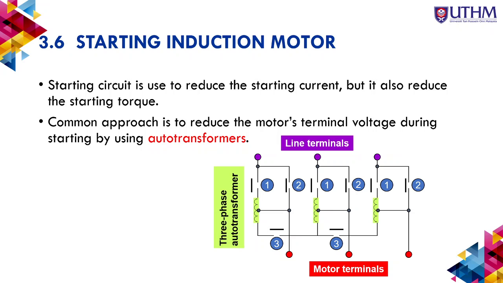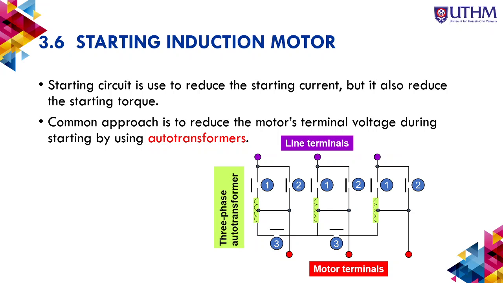In order not to allow the current to flow very high at starting, a starting circuit is used to reduce the starting current. However, it also reduces the starting torque. As long as the motor is moving at starting, then it is okay, as there is a safety issue.